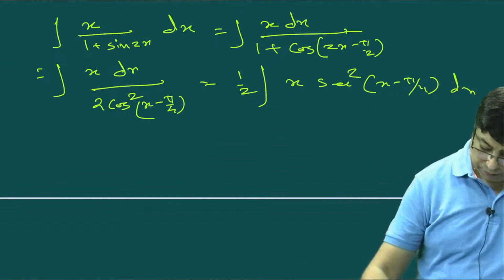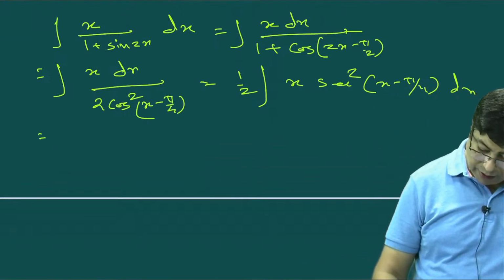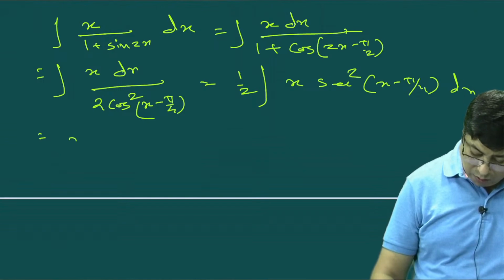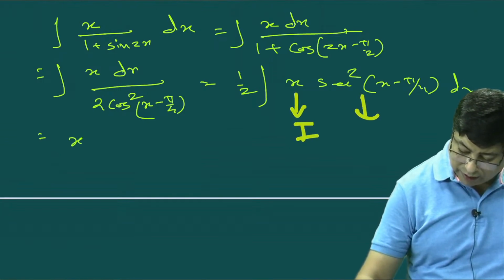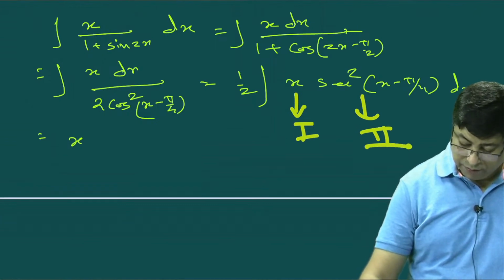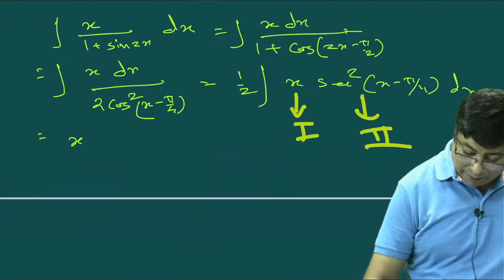Now what to be done? Just see everybody. Now UV formula, U is the first function and V is the second function in by parts. So let us apply the UV formula.